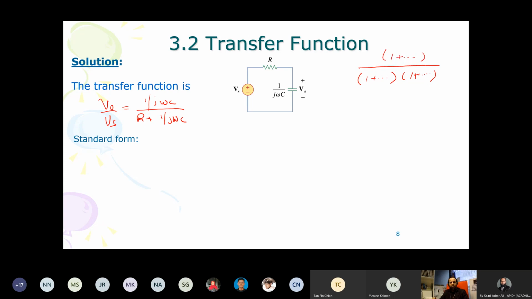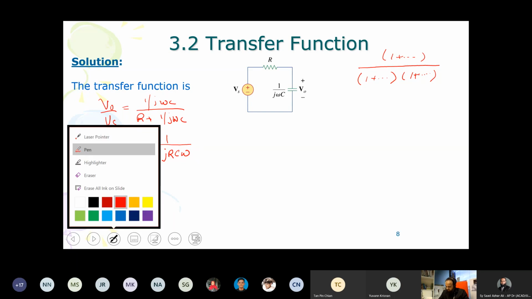So we would like to write them in a way that they are 1 plus something. Either we take this R common or we take 1 upon j omega c common. So I'm taking this 1 upon j omega c common, so that we get rid of the denominator as well. I hope that you will agree that it would be 1 plus j r c omega, or the better way is to write it j omega RC.